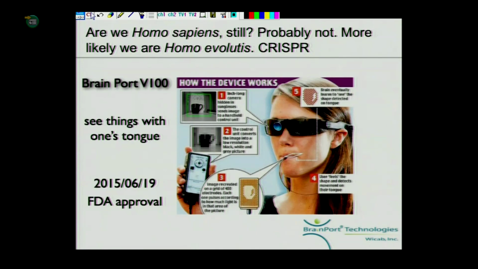So it really taps into brain plasticity. The brain has to learn how to interpret the signals from the tongue, and the tongue is now used to sense visual information. So this is transsensory information.